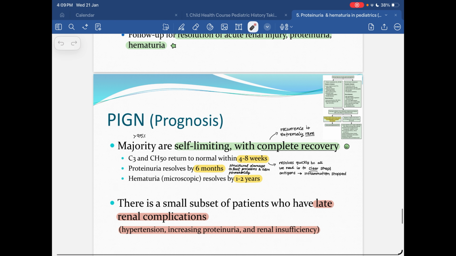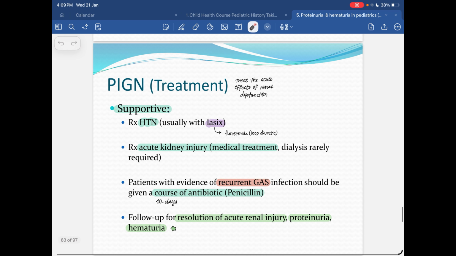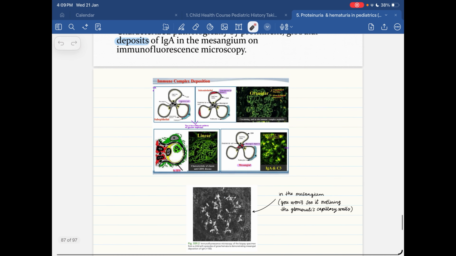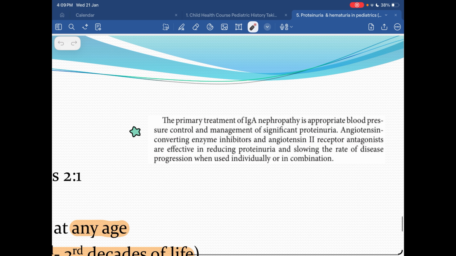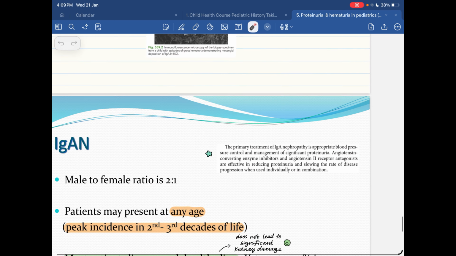It is supportive treatment. The primary treatment is appropriate blood pressure control and management of significant proteinuria using antihypertensive medications. So angiotensin ACE inhibitors and angiotensin II receptor antagonists are effective in reducing proteinuria and slowing the rate of disease progression when used individually or in combination.